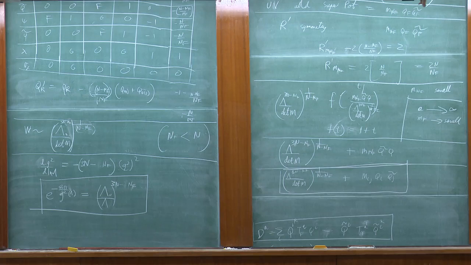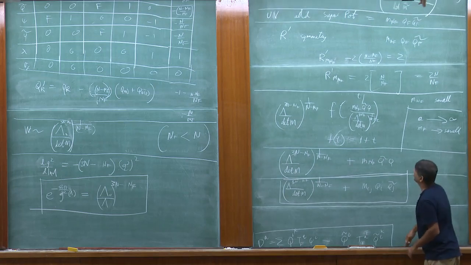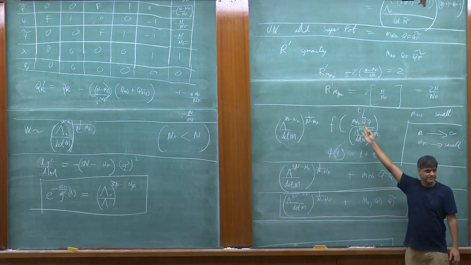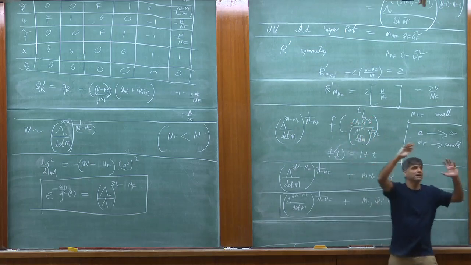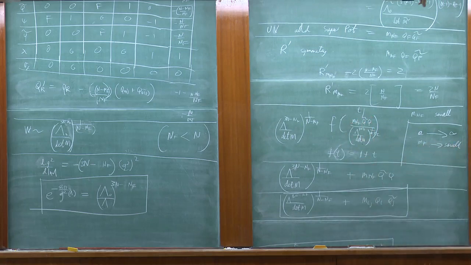But at finite A, you will have some other terms in the superpotential, or is this the full superpotential? No, the claim is this is the full superpotential. The way I wrote it here didn't talk about A. This is a superpotential which is a function of one complex number.